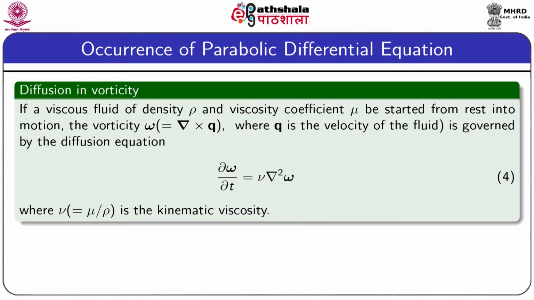Then it can be shown that vorticity will satisfy the diffusion equation del omega by del t equals nu Laplacian omega, where nu is the kinematic viscosity, which is defined as mu by rho. So, for diffusion of vorticity, we again get the diffusion equation, which is written in equation number 4.